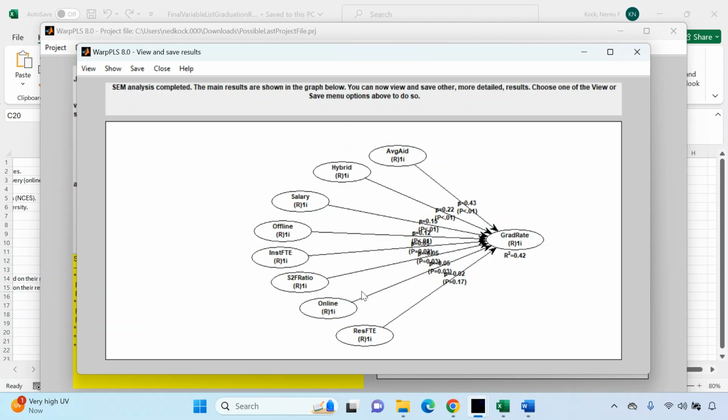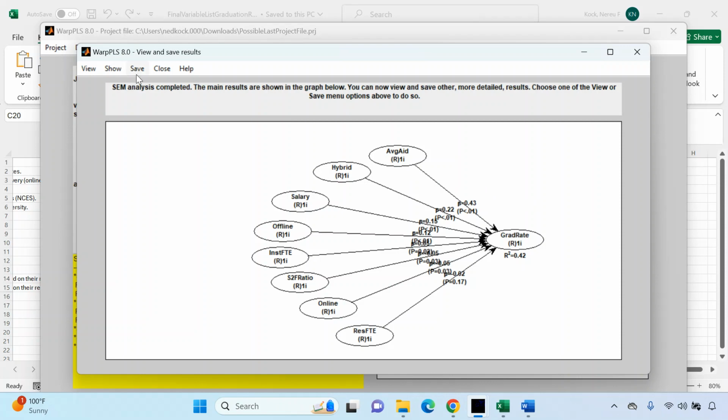So on average, the student to faculty ratios are relatively low. In other words, when you have a small range of variation, the influence, which is measured by the path coefficient, is not very high compared to the influence of other variables.